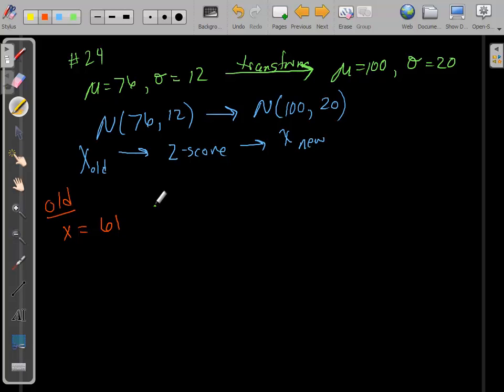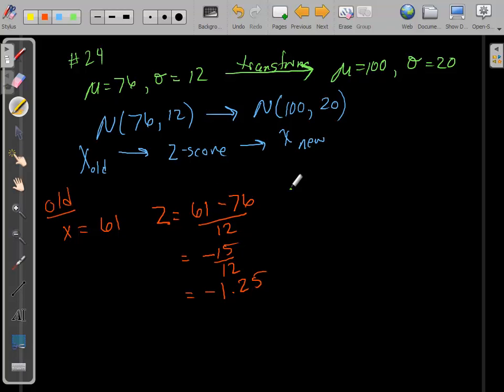We're going to have z is equal to 61 minus 76 over 12. So that's going to be negative 15 over 12, which is negative 1 and then 3/12, so negative 1.25.